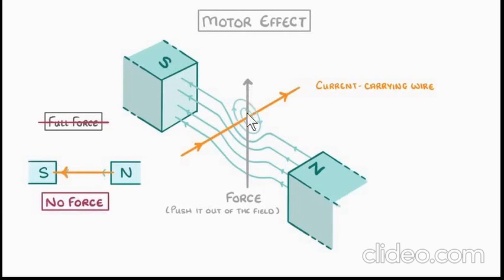So this motor effect is maximized when the current carrying wire is at 90 degrees to the magnetic field, and minimized when its direction is the same as the magnetic field, meaning the angle is zero. That is how we can maximize or minimize the amount of force.